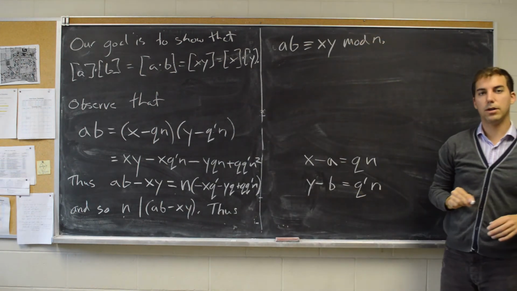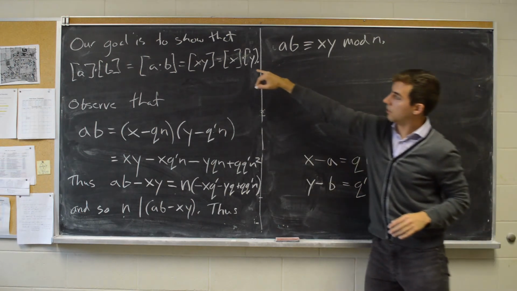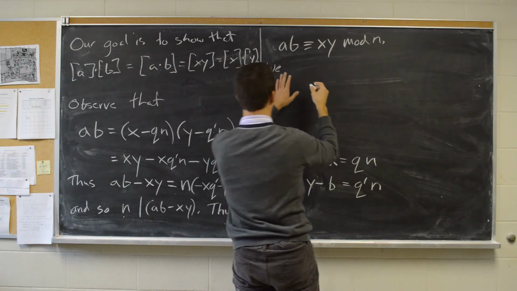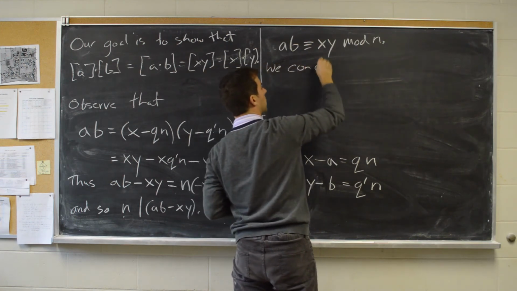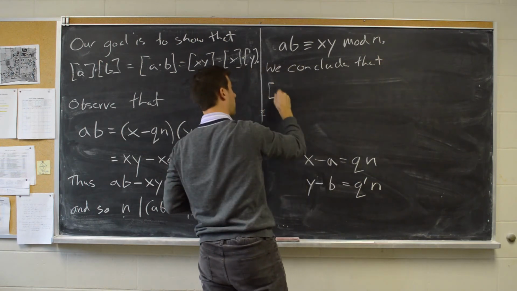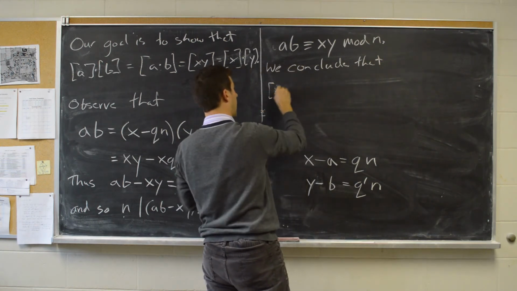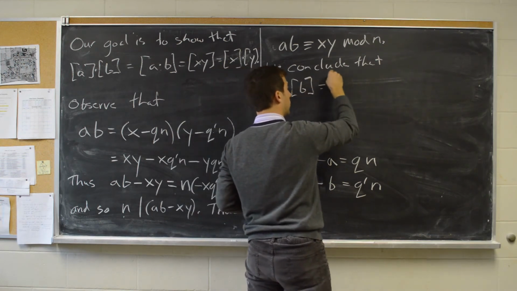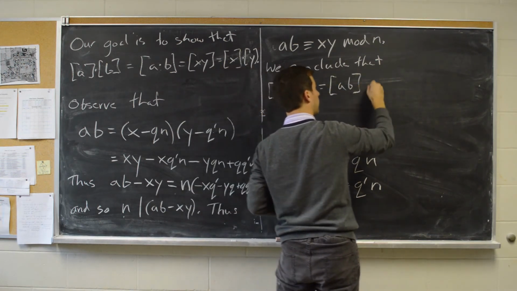That's exactly what we wanted. So I can complete the proof using this. We conclude that the congruence class of a times the congruence class of b is equal to the congruence class of a times b.